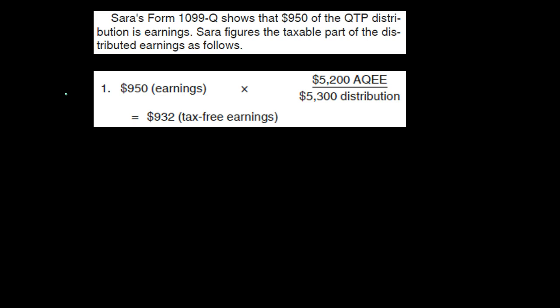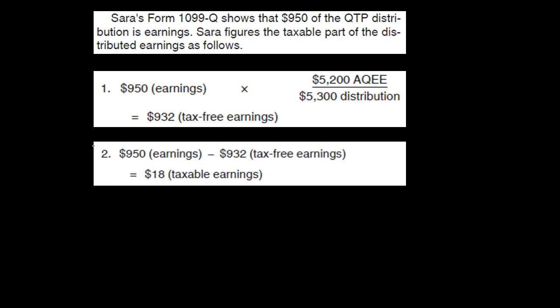So we're going to figure the 950 times the 5,200, which is the AQEE, over the 5,300 that was actually distributed. That gives us the 932. These are going to be the tax-free earnings. This is the amount of earnings that aren't taxed.